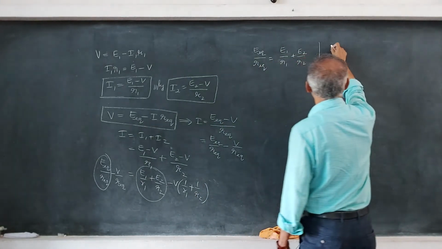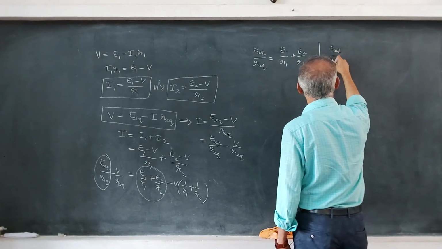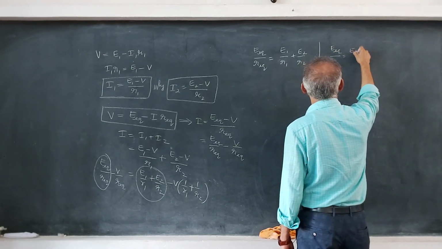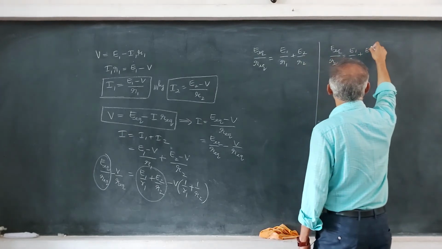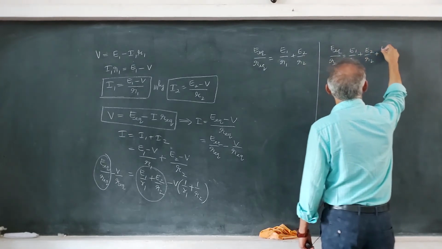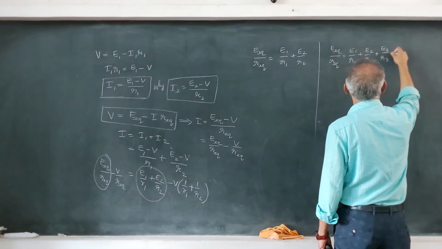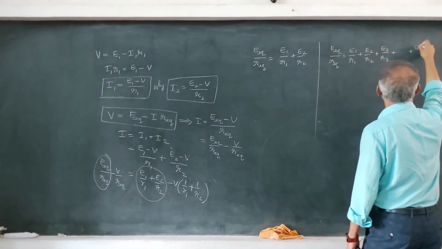If there are many cells, then we can write like this, E equivalent by R equivalent is equal to E1 by R1 plus E2 by R2 plus E3 by R3 and so on plus En by Rn.